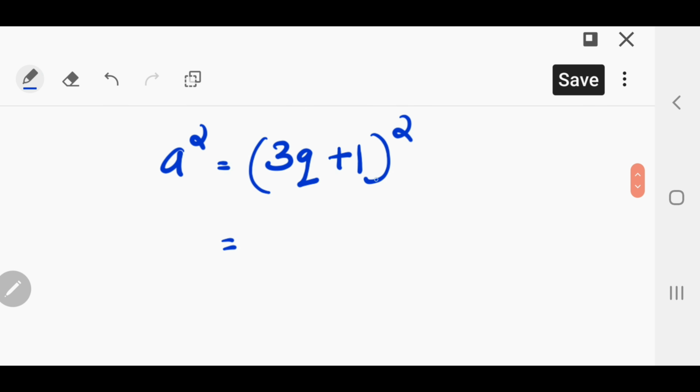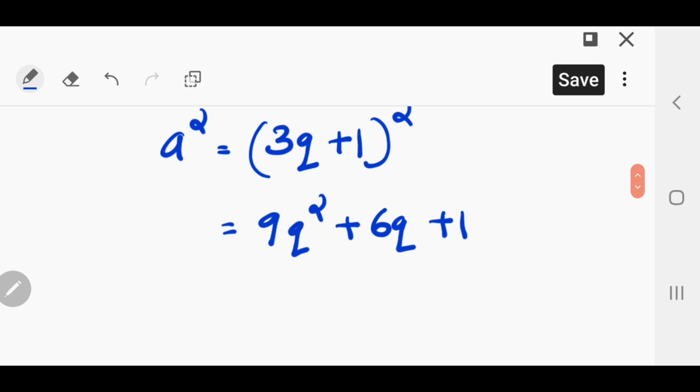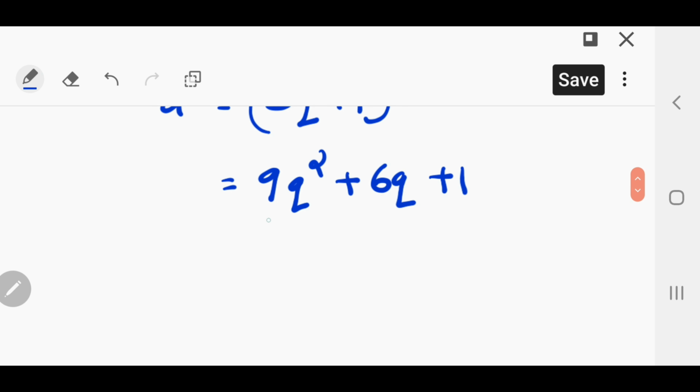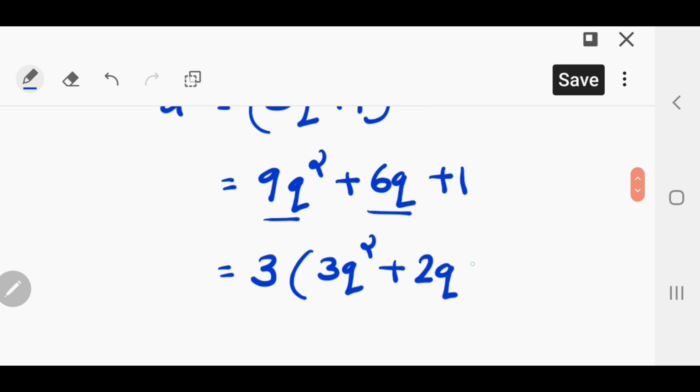So according to the a plus b whole square identity, we can write this as 9q square plus 6q plus 1. Now from these two terms, 3 is common. So we can rewrite this as 3 multiply, here it will be 3q square plus here it will be 2q, plus 1.